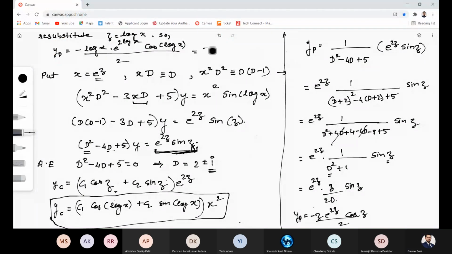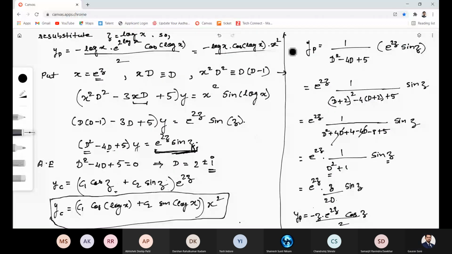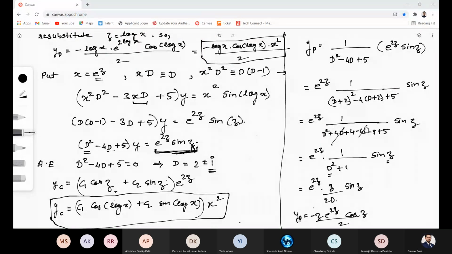Minus log x cos of log x into x square divided by 2. This is your final yp. Okay, so you have yc, you have yp. Now you can combine and declare the solution. Any problem here?